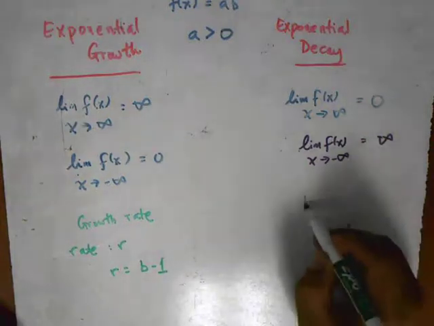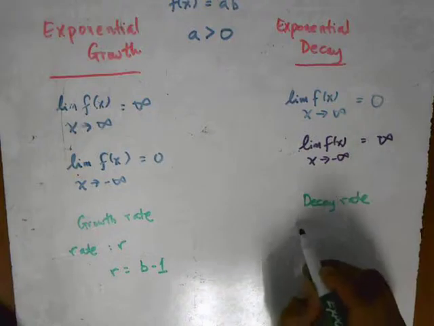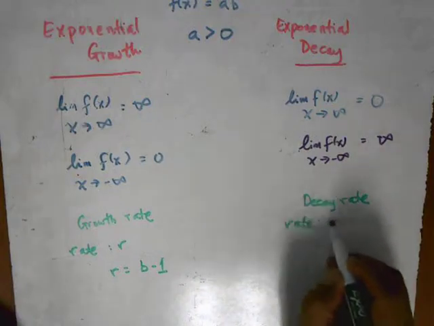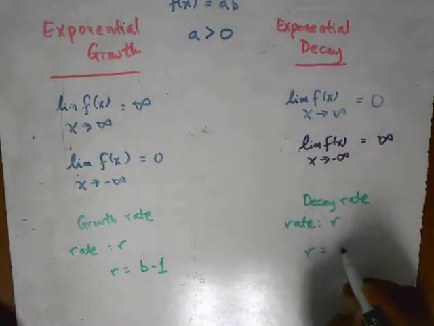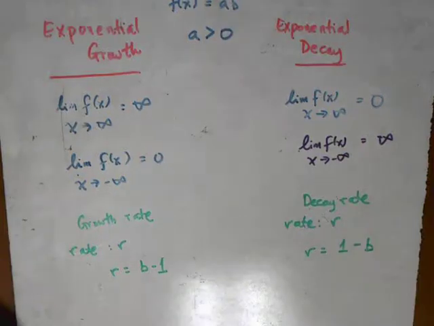And for the exponential decay, the decay rate, we'll define again the rate as r. R is equal to 1 minus b. And let me show you some examples. Let me hit pause here and show you some examples here so you can see.